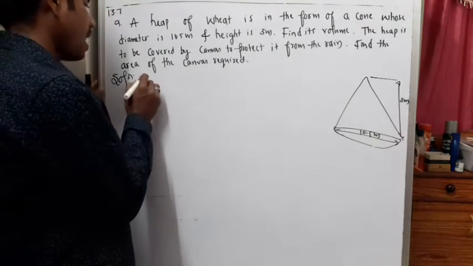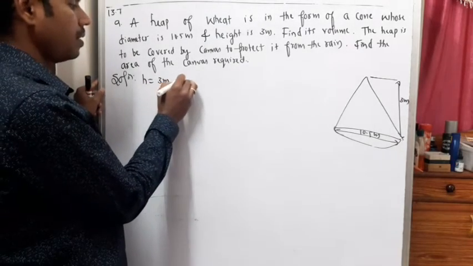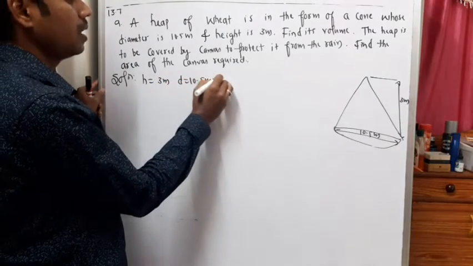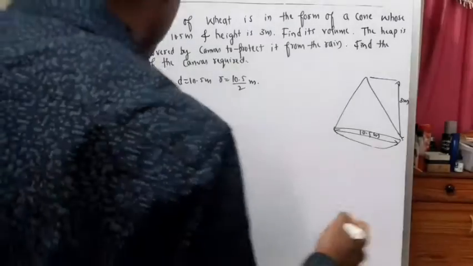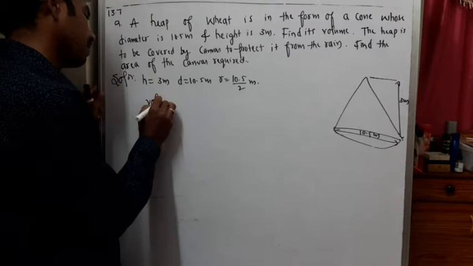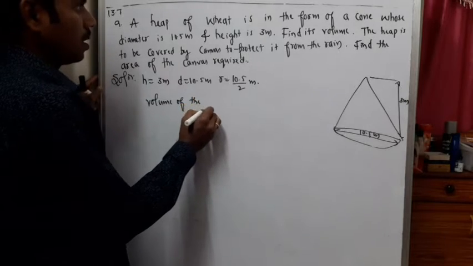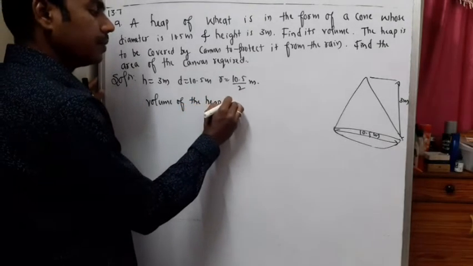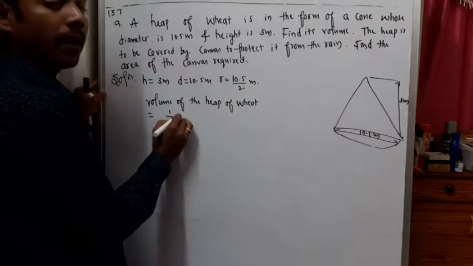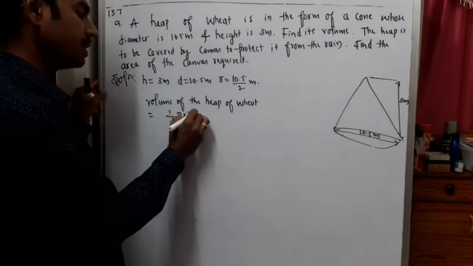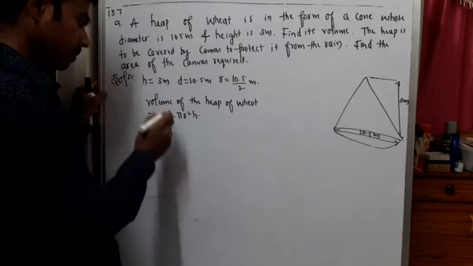Okay. Now what is the height? Height given for us is 3 meter and the diameter is 10.5 meter. Then the radius will be equal to 10.5 divided by 2. The volume of the heap of wheat is equal to 1 by 3 pi r square h, because it is in the shape of a cone.